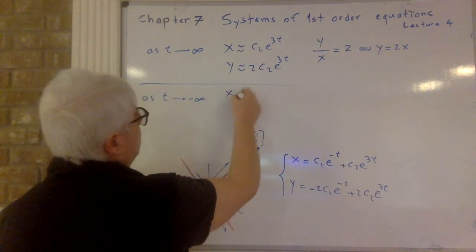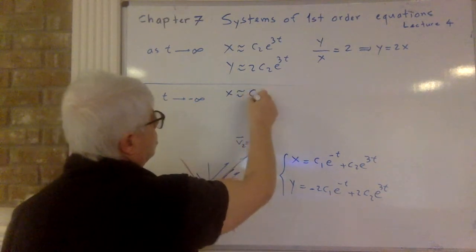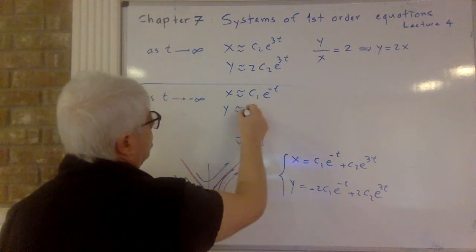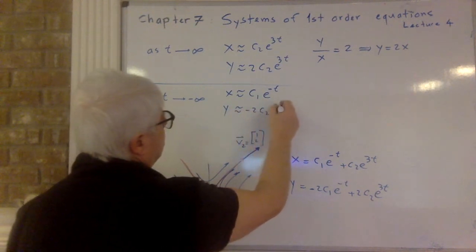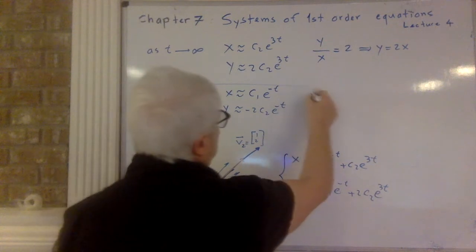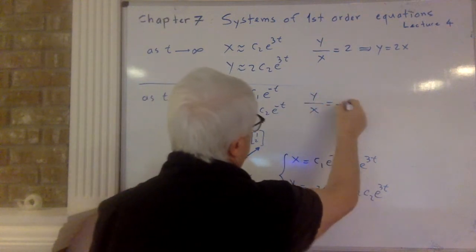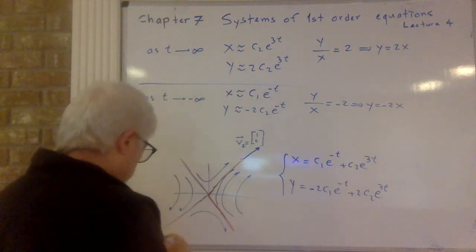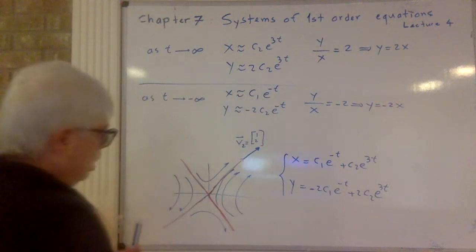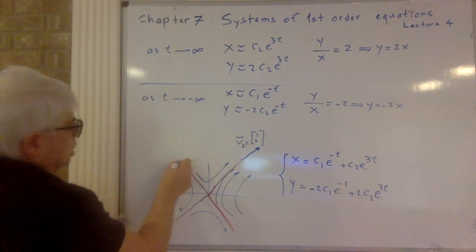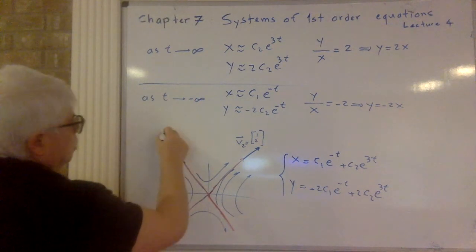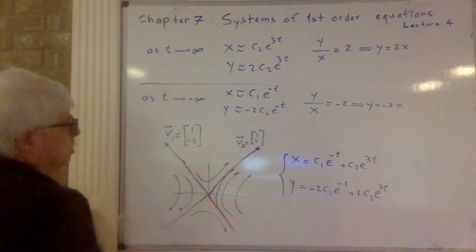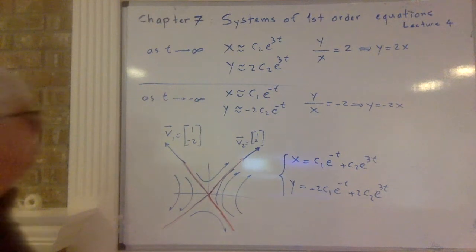So in this case, x will be almost c1 e^(-t), and y almost minus 2 c2 e^(-t). So y over x will be negative 2, and y is negative 2x. And that's this line. And this line, as you see, is in the direction of v1, 1, negative 2. You can see that.